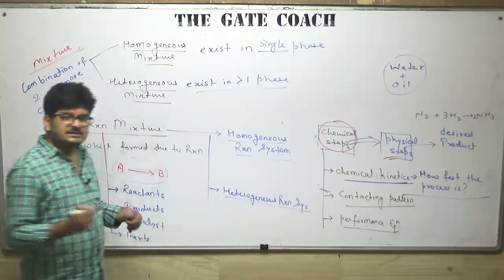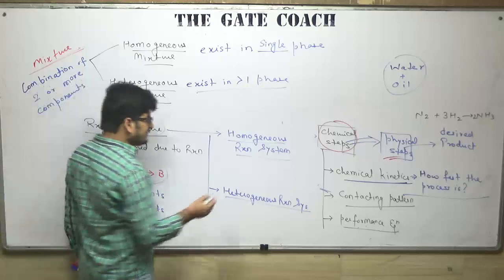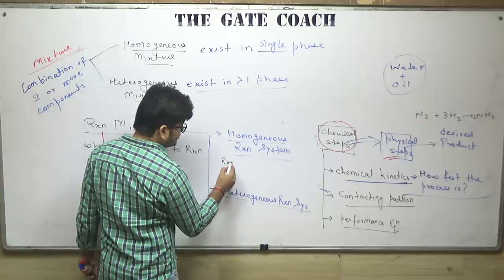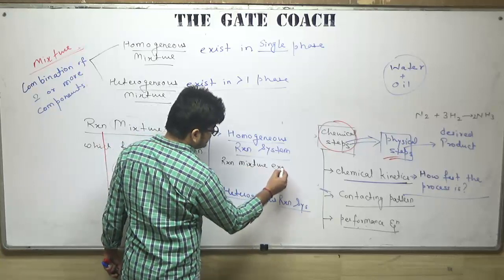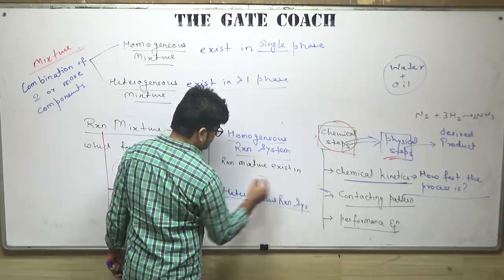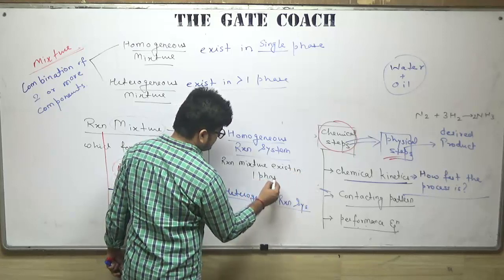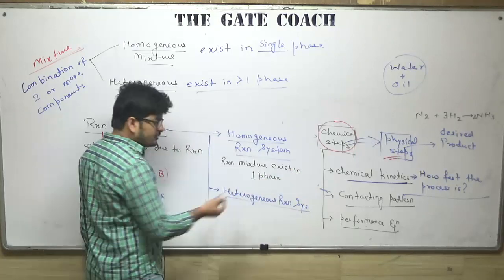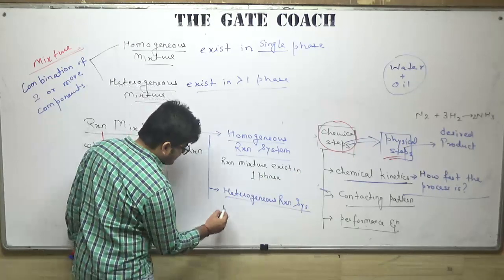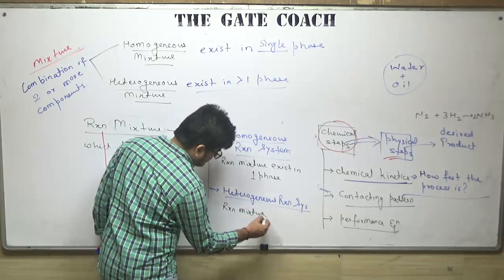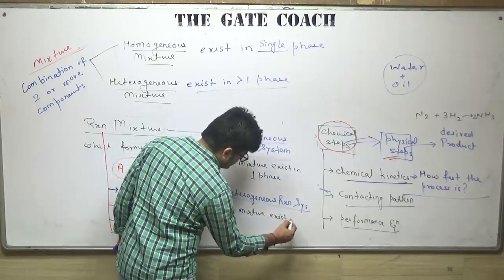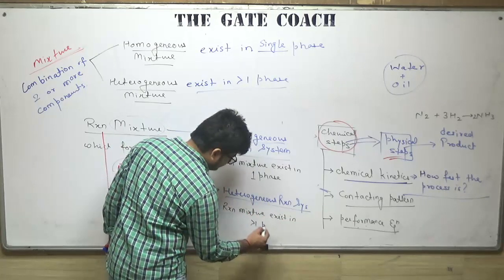As the name suggests, homogeneous reaction system means when reaction mixture exists in one phase, and heterogeneous reaction system where reaction mixture exists in more than one phase.